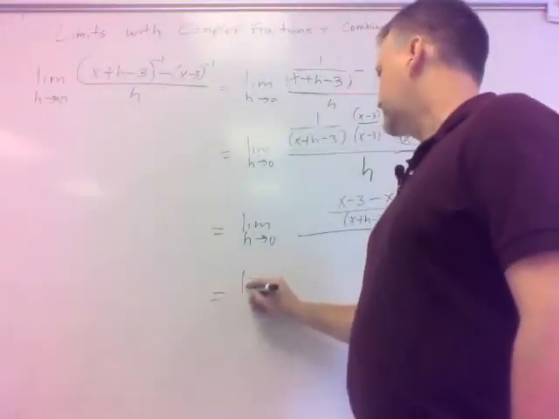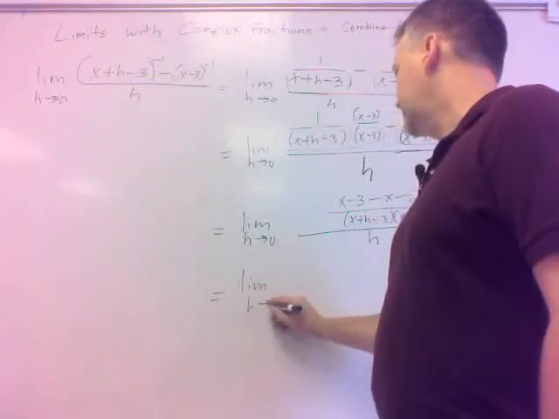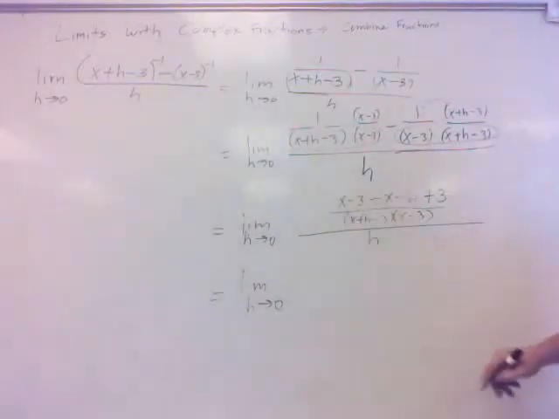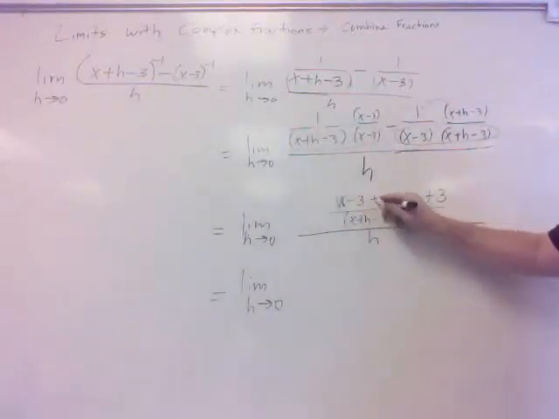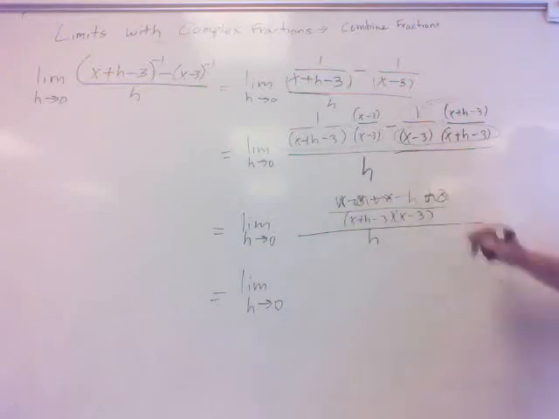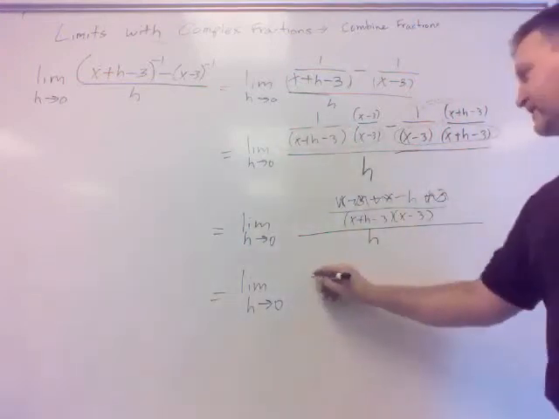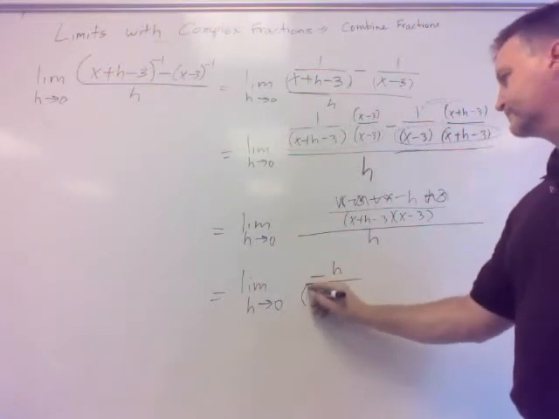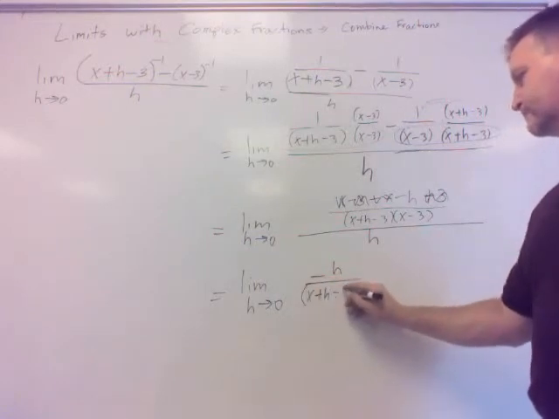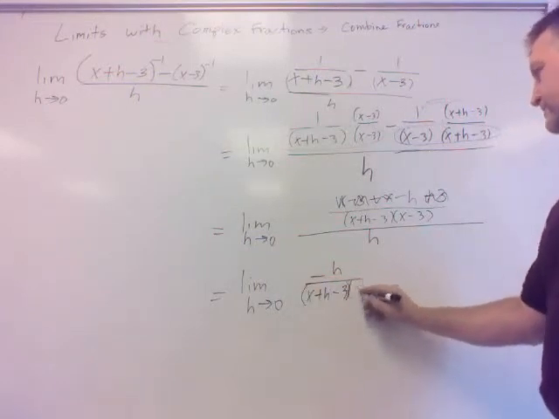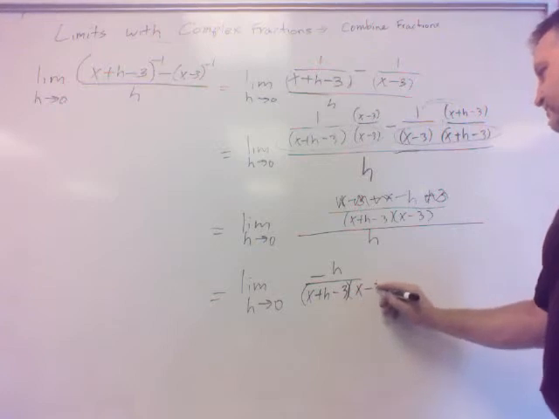Okay, so this is the limit as h approaches 0. What happens? Well, nice things happen. The x's go out, the minus 3 plus 3 goes out. Again, we're left with, on top over here, just minus h. Then the bottom is x plus h minus 3 times x minus 3.